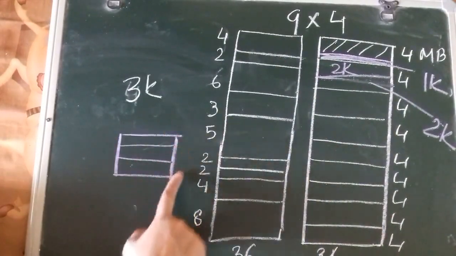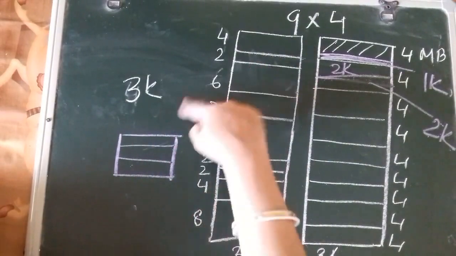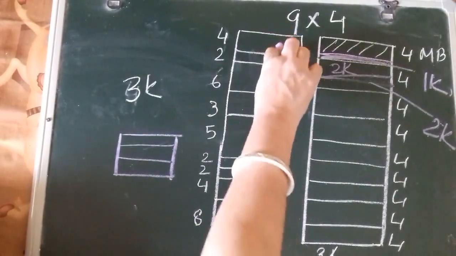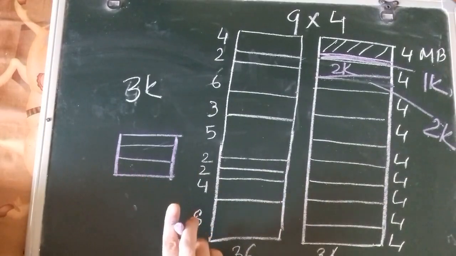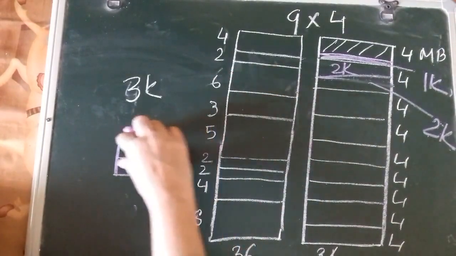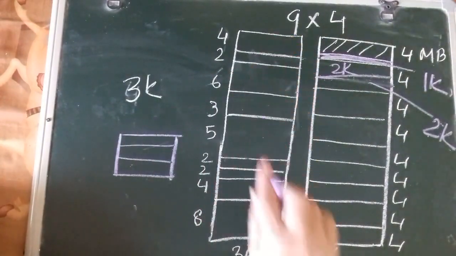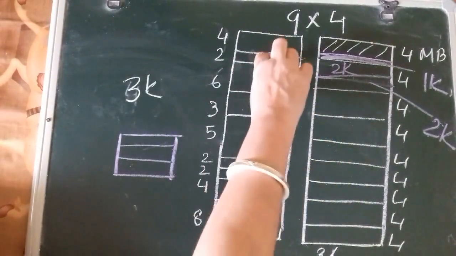If I have a 3K process request, I cannot divide it into two parts. That is the main difference between fixed partition and variable partition. I cannot break the process into two parts and put it in two partitions, so I have to put it in a partition as a whole.